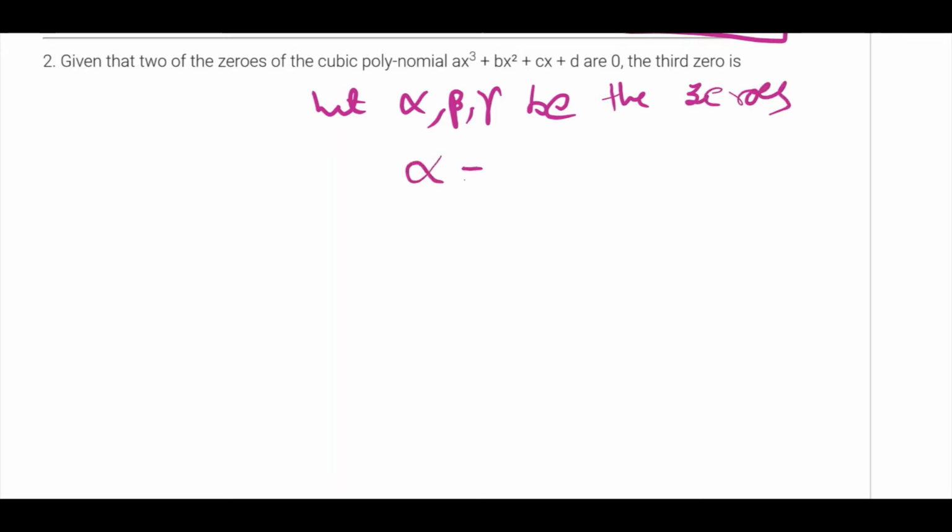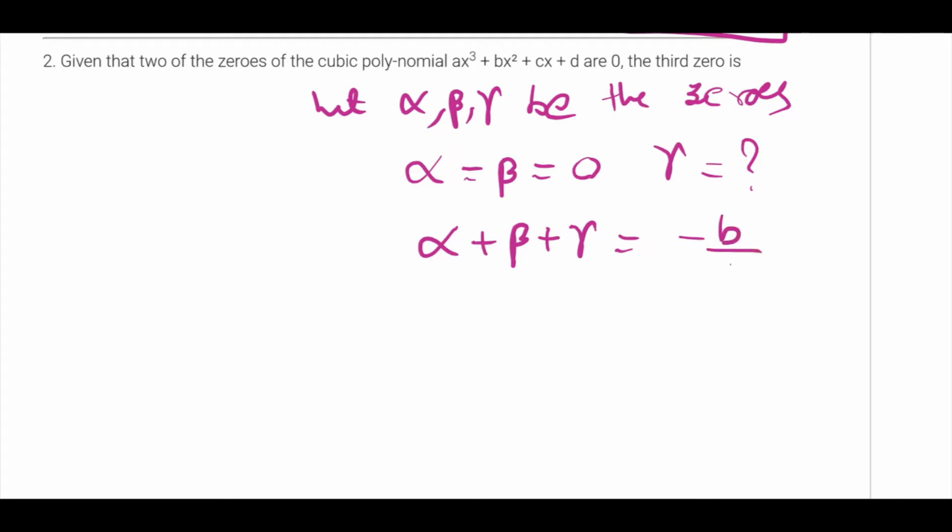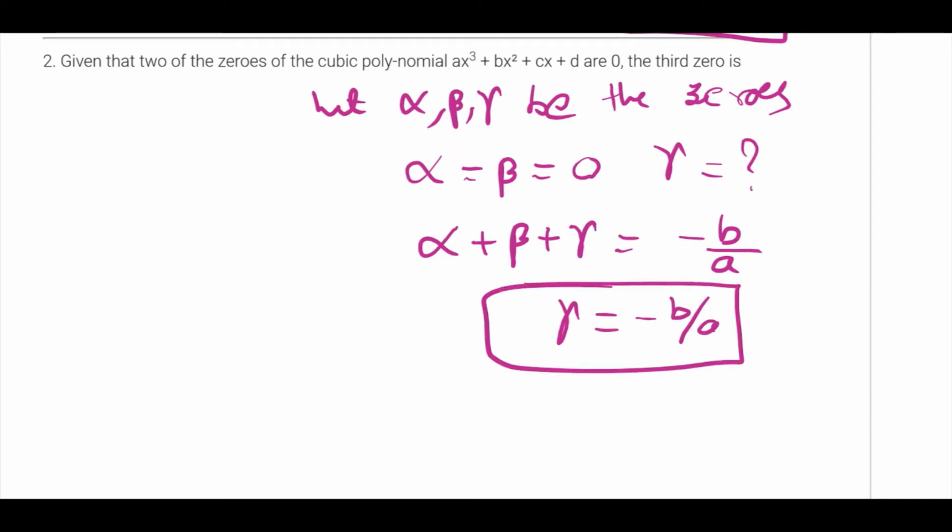It gave alpha equals beta equals 0. We need to find the other root gamma. We know that sum of the roots alpha plus beta plus gamma equals minus b by a. So gamma equals minus b by a. This is the solution. So this would be our answer.